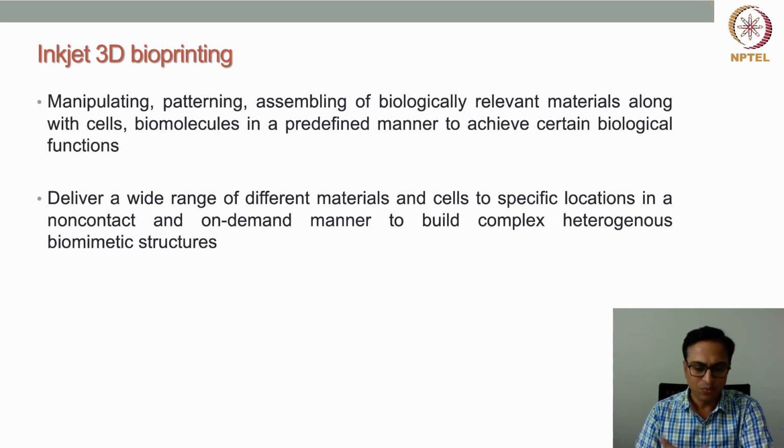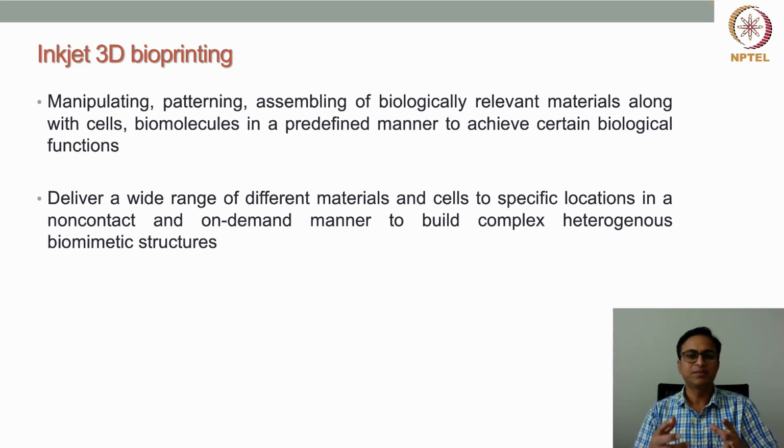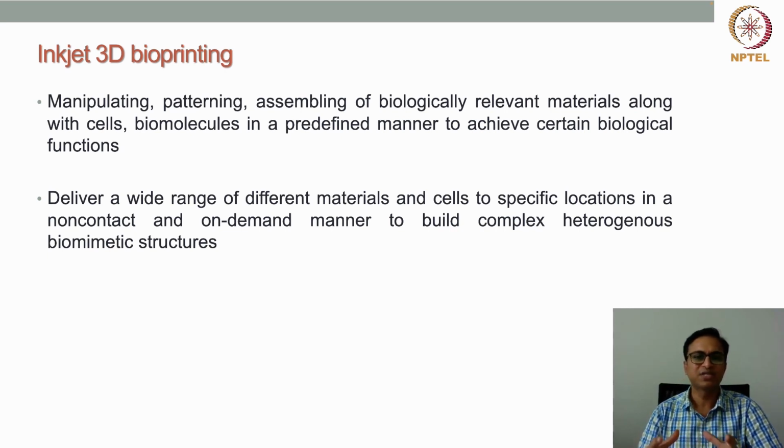Now, the initial success of inkjet printing led to the use of this technology for bioprinting or 3D bioprinting, where our intention is to print biologically relevant structures so that we can achieve certain biological functions by manipulating, patterning or assembling biologically relevant materials with cells or without cells, and also with biomolecules, in a predefined and pre-designed manner to make up 3D structures.